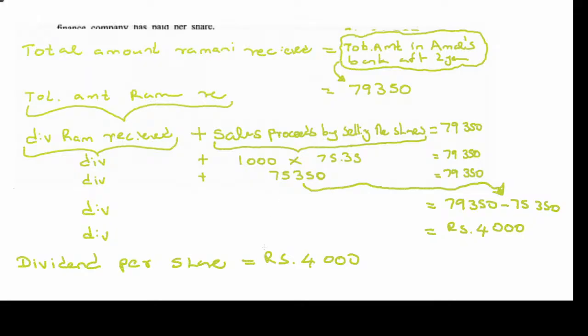She had 1,000 shares. So 4,000 divided by 1,000 gives us rupees 4. What does that mean? This finance company has paid 4 rupees per share as dividend.